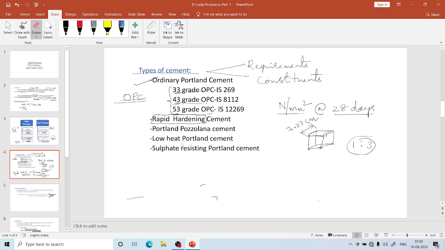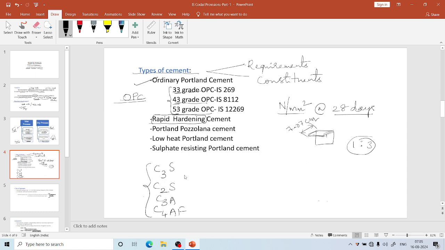We all know about Bogue's compounds. What are they? There are 4: C3S, C2S, C3A, C4AF. Based on the composition of the cement, like how much percentage, the cement properties vary.